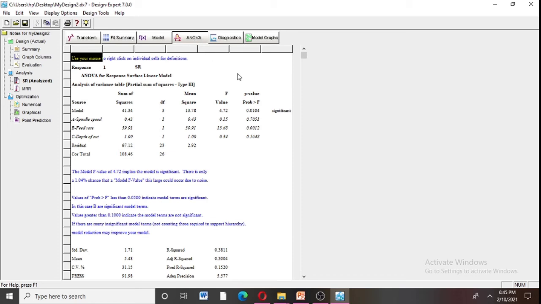In that ANOVA table, the ANOVA table is significant so that you consider this table for your further examination. Here the model is less than 0.001. Because your confidence level, the probability F value, is less than 0.05, it indicates model terms are significant.